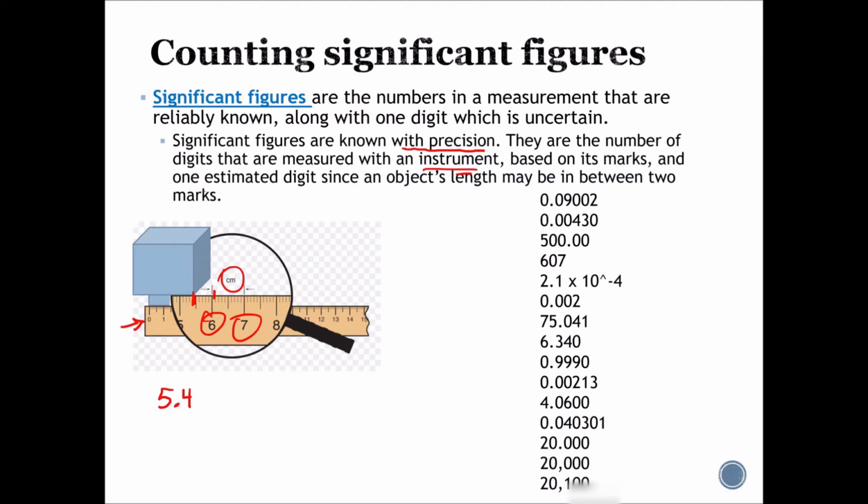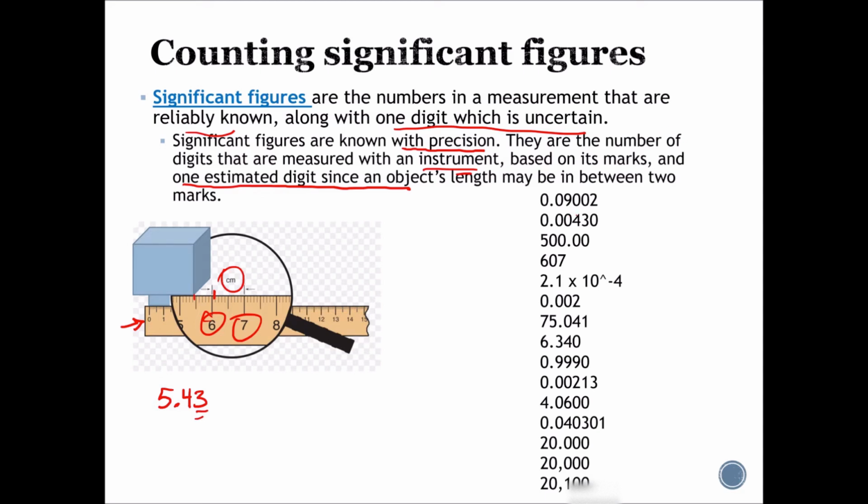So there is one estimated digit along with your measurement. I'm going to estimate this to be 5.43. So that is my digit of uncertainty. All right, so significant figures are the numbers in a measurement that are reliably known, along with one digit which is uncertain.